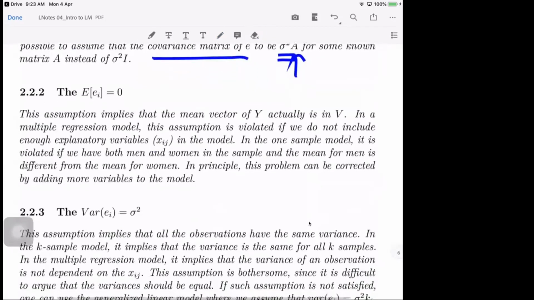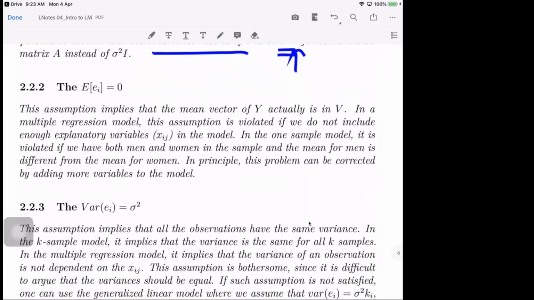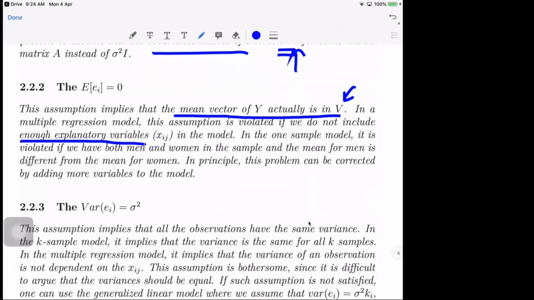The next assumption is that the expected value of the ei's is 0, or on average the ei's will have mean zero. This assumption implies that the mean of Y is in your subspace V. In a multiple regression model, this assumption is violated if we do not include enough explanatory variables Xij in the model.